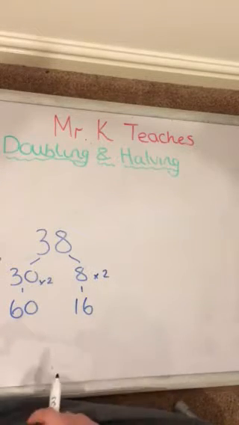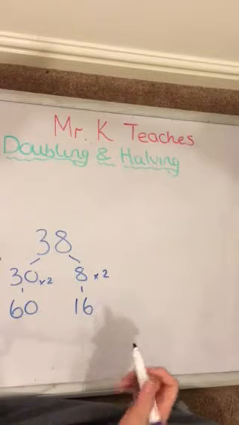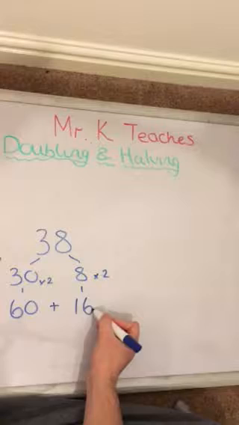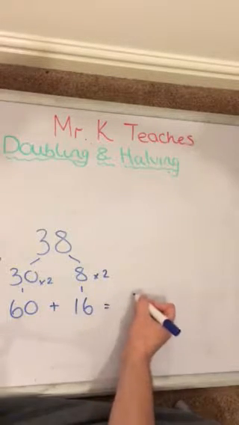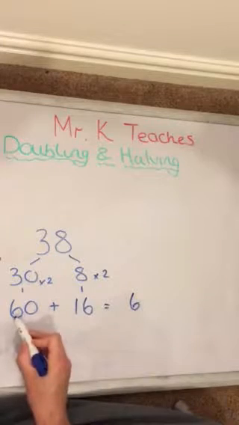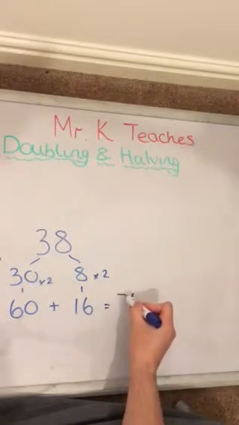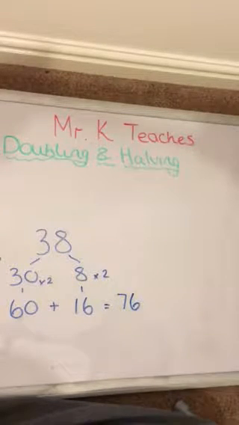So I'm left with a 60 and a 16. As we all know, that is not the final part of the answer. We just need to add those together. So 6 ones add no ones equals 6, and 6 tens add 1 ten equals 70. So I'm left with the number 76.